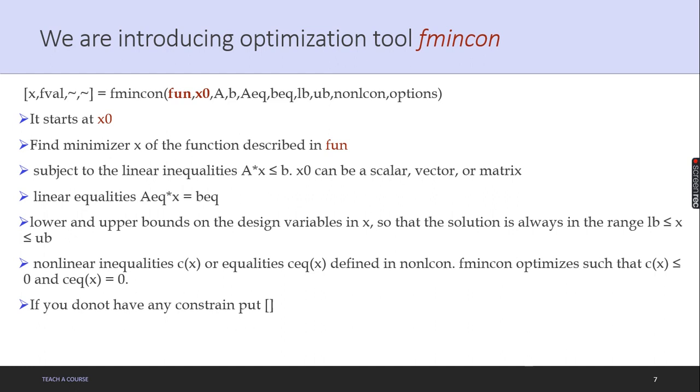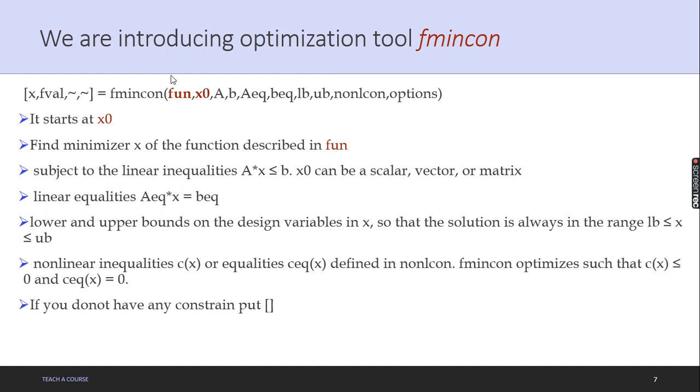So essentially, in the function syntax, fun is the function which will actually calculate the square error. X0 is the initial value, so one time we need to provide the starting value, the guess value for your parameters.